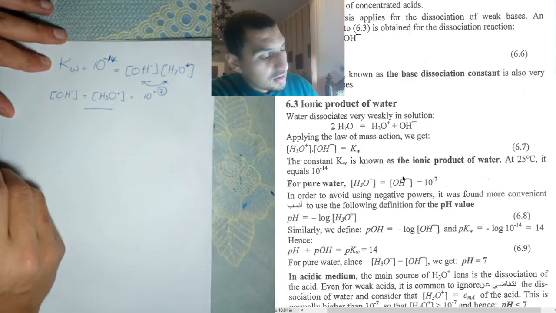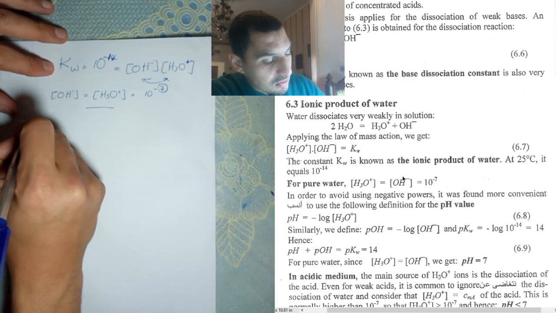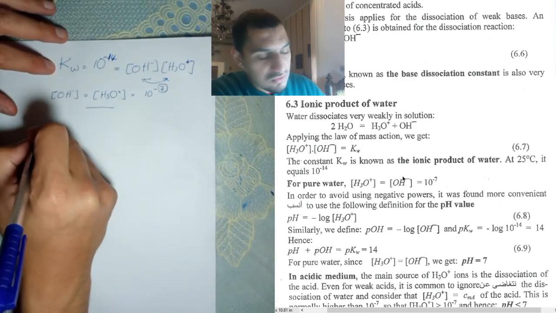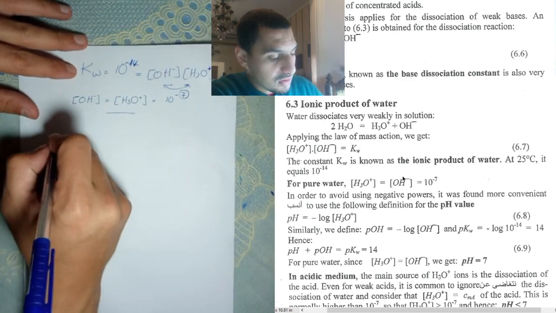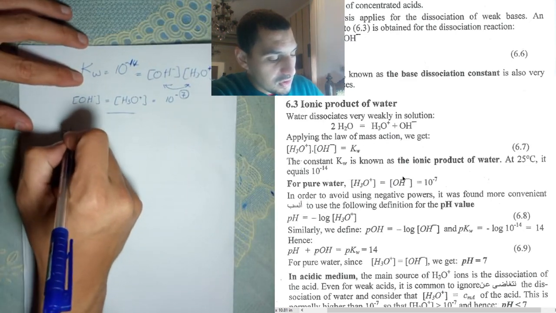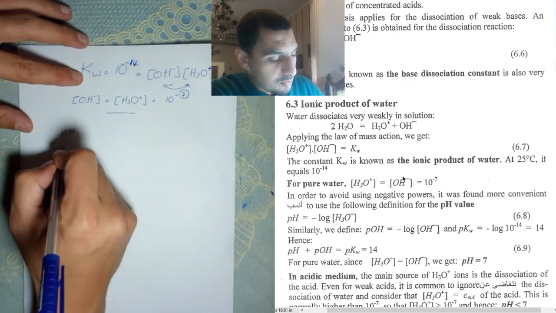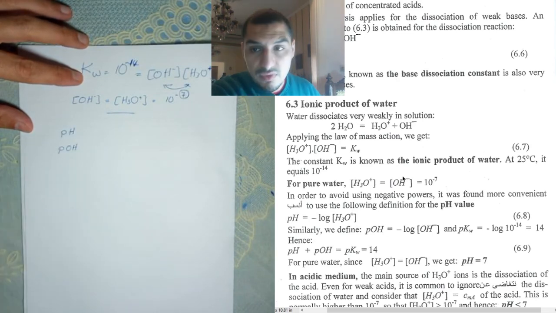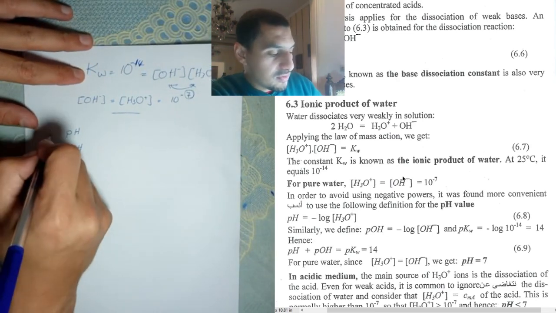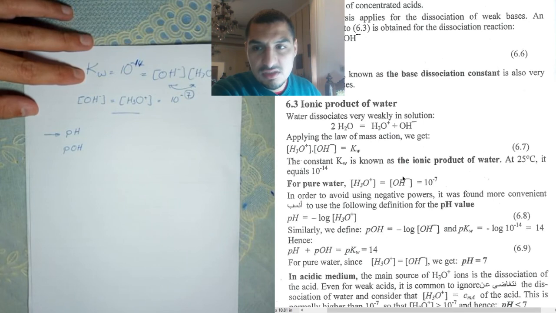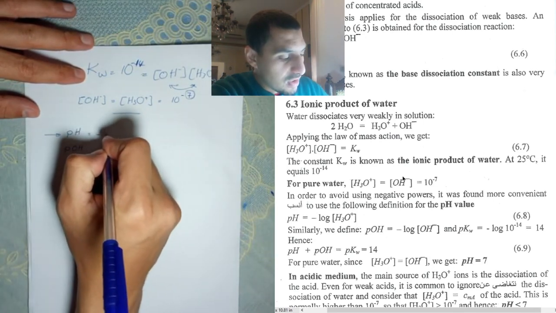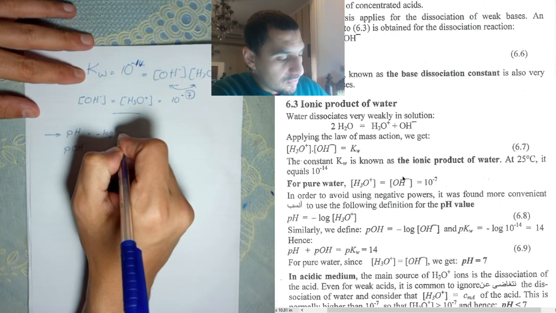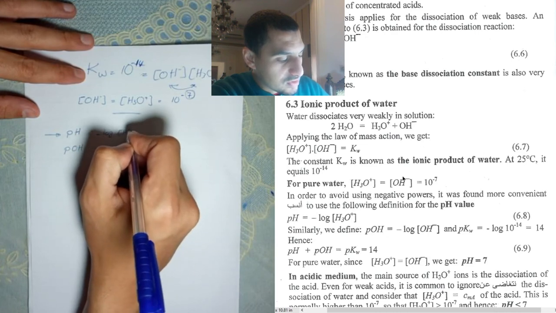To do this, we developed a new parameter, which is called the pH and the pOH. The most famous one is the pH, of course. It's a very well-known thing. So the pH is the negative log of the concentration of H positive.